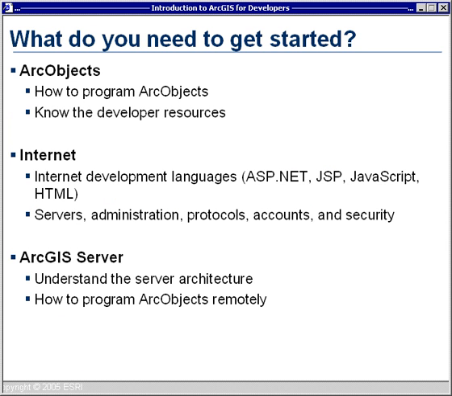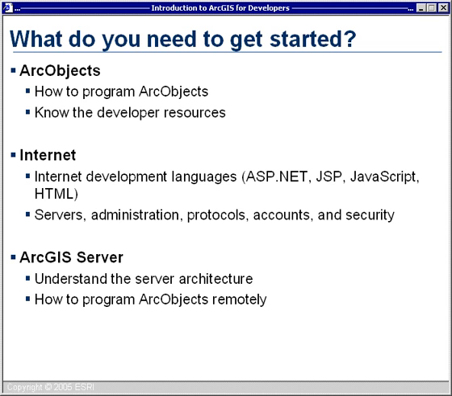One of the keys to success with ArcGIS Server is understanding ArcObjects. You need to know about ArcObjects, and a great way to do that is to take advantage of the developer resources provided. There are several step-by-step tutorials and developer scenarios to help you build your first ArcGIS Server application.